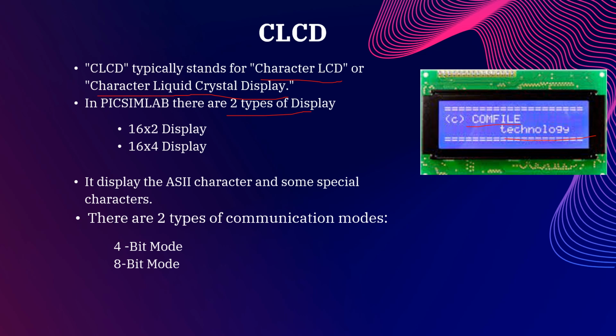The first one is the 16 by 2 display, and the second one is the 16 by 4 display. In the 16 by 2 display, we can use two lines of display. In the 16 by 4 display, we can use four lines. It displays ASCII values and some special characters. There are two types of communication mode: 4-bit mode and 8-bit mode.